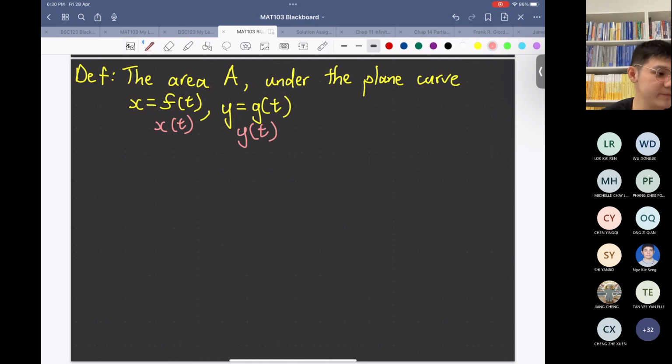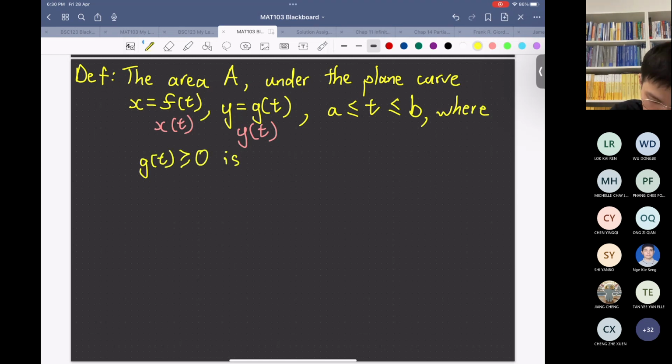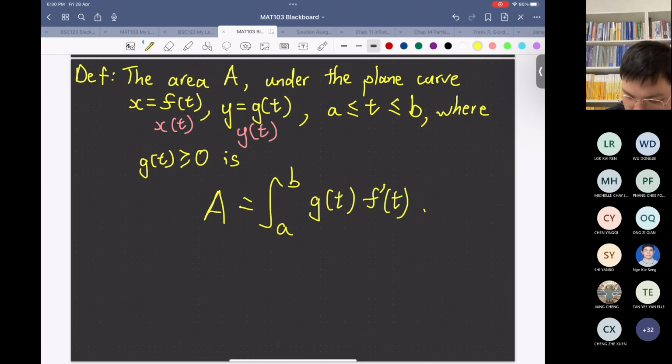That's fine. So t, we have to have some bound. Let's call it a and b on the left and then on the right endpoint. And also, in this case, we want our g(t) to be positive. I'll comment later why we want g(t) to be positive. So the area will be given by integration from a to b g(t) f prime(t) dt.